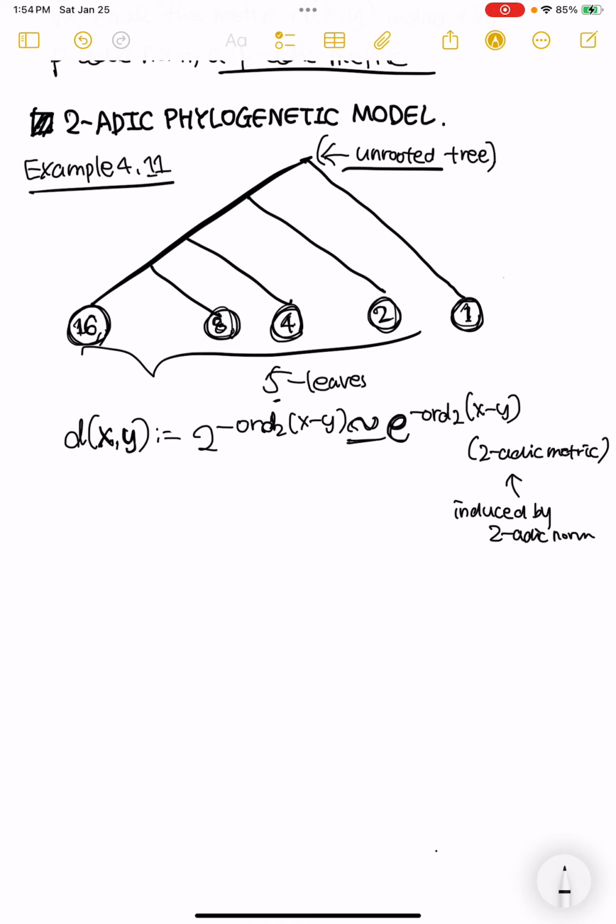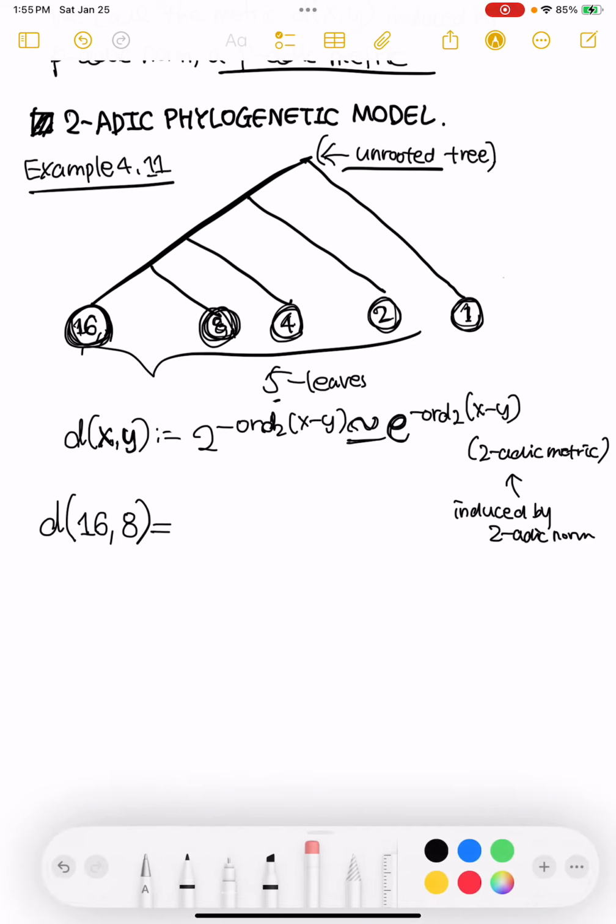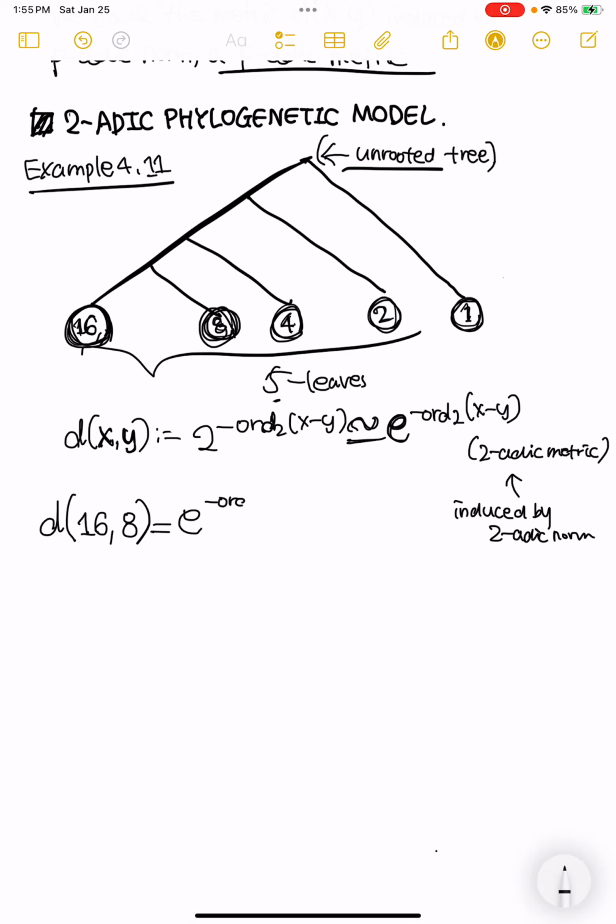Okay, then based on this model, let's compute between two species, 16 and 8. By definition, that is exponential of 16 minus 8 here, and by definition, the ordinal of 8 at 2 is 3.